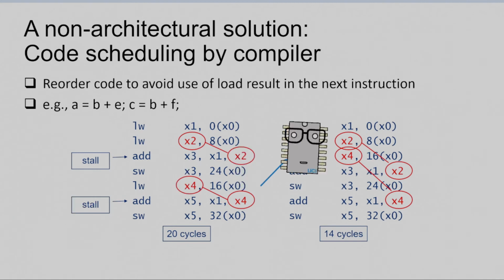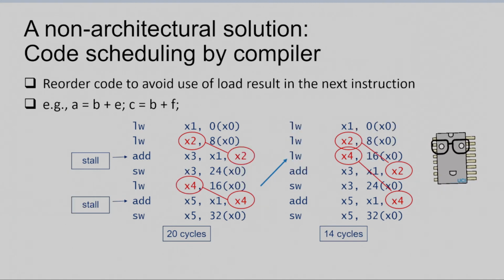But on the other hand, if the compiler is smart enough, if it knows at least at a basic level what kind of pipelining is going on inside, it is possible to reorganize the code so that the load instruction for loading F into X4 can be moved earlier.